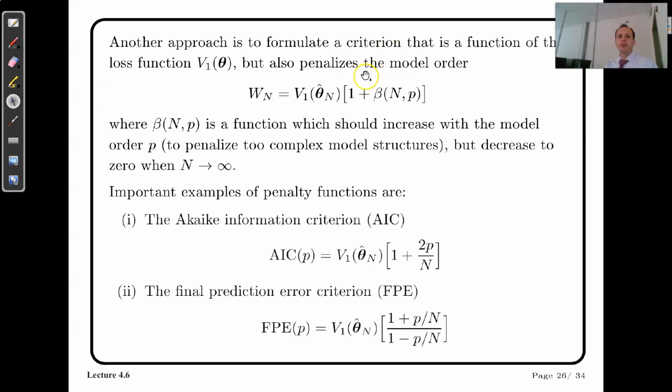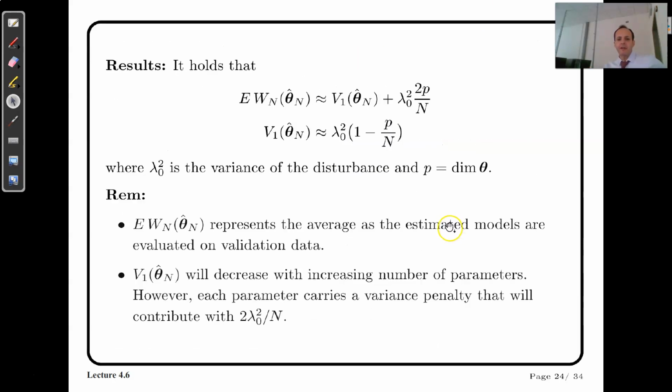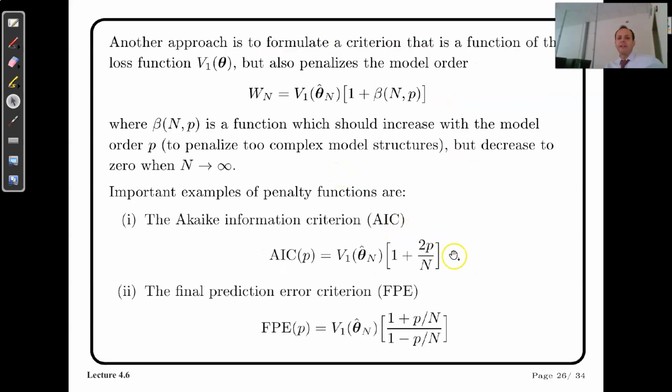Another approach is to formulate a criterion that is another function of the loss function, but also penalizes the model order. In general, as we saw in the previous case, there are different penalty functions that help you to understand the most appropriate model order.